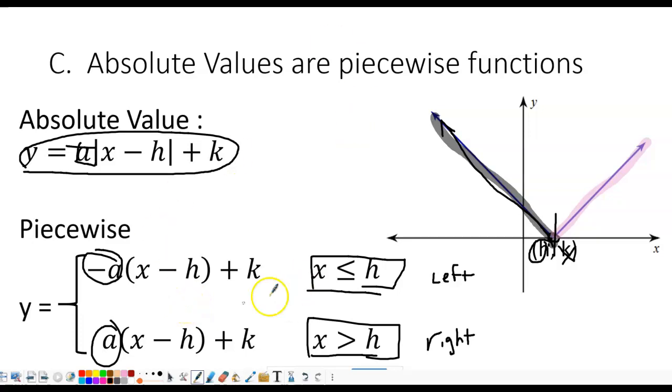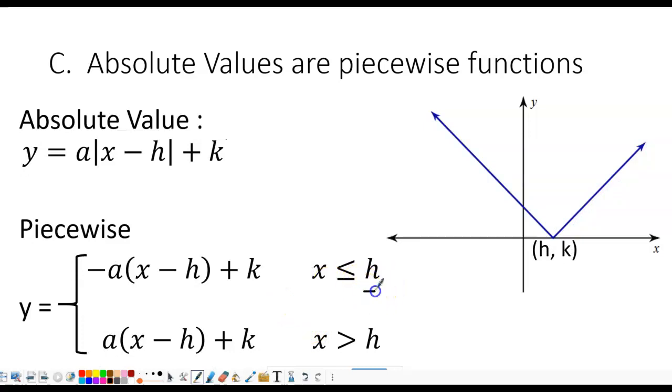Okay? So let's review the key points here. Let me get my whiteout going and get rid of the h. Your setup is always going to look like this.